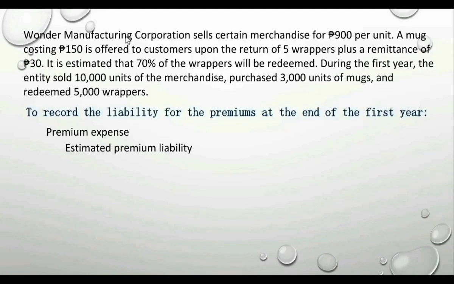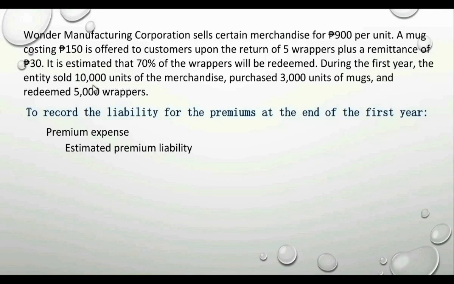It says here, it is estimated that 70% of the wrappers will be redeemed. During the first year, the entity sold 10,000 units of the merchandise. Of course, we assume that for every unit of merchandise, there is only one wrapper.